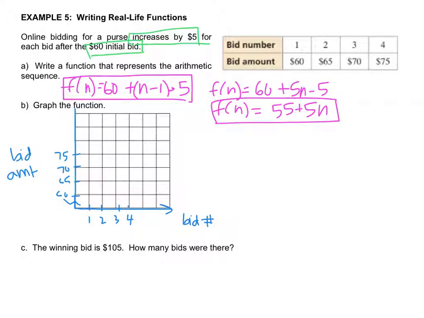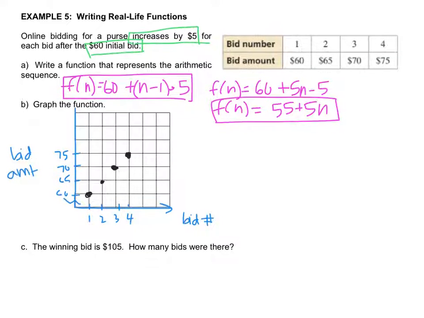And so now you just plot. So bid 1 was 60, so that's right here. Bid 2 was 65. Bid 3 was 70. Bid 4 was 75. And we're done. That's it. Move on.